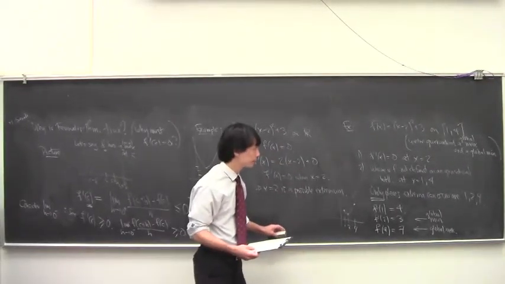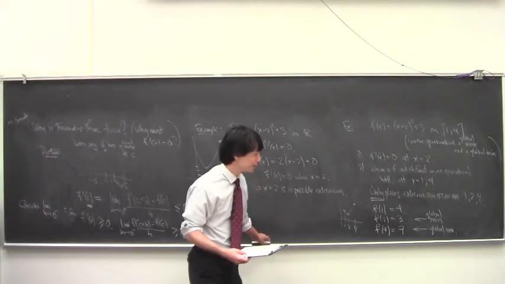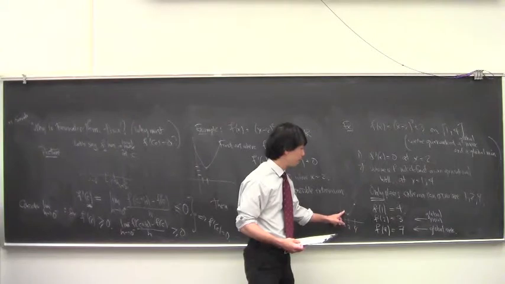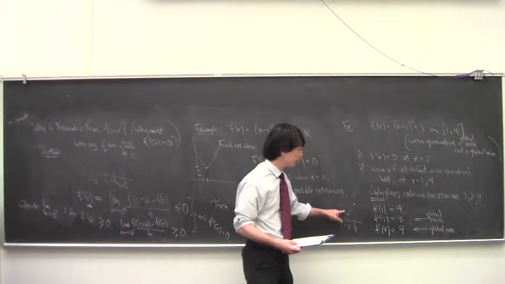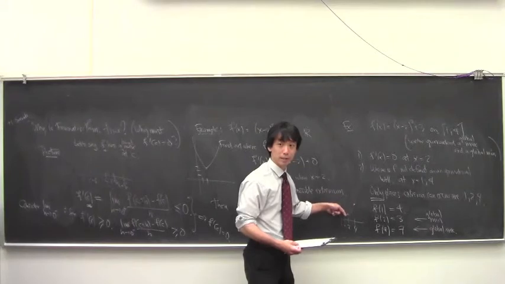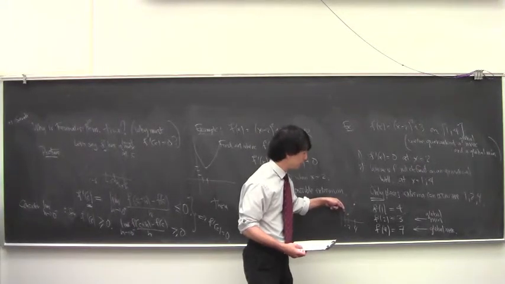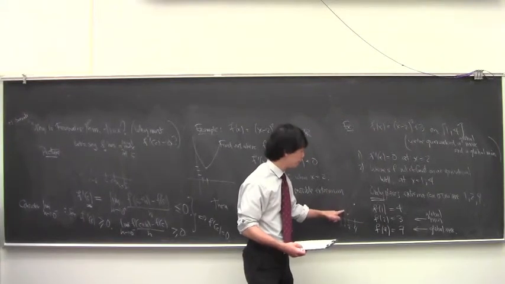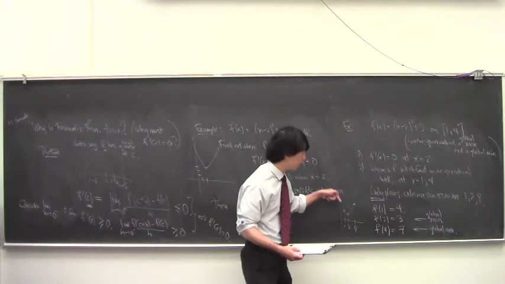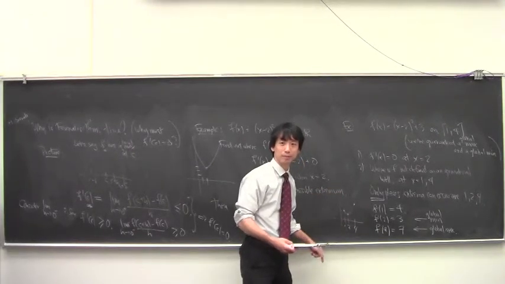Suppose you're looking at this point here, and you look at the slope of the tangent line, the derivative on the right-hand side. Well, the right-handed derivative is negative. So you know that this is a local max, because the function values are dropping.